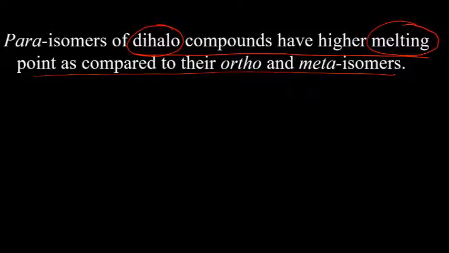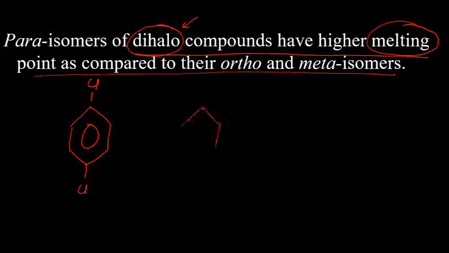Para means the two halogens are connected at para positions with respect to each other. This is para dihalo compound. This one is ortho dihalo compound. This one is meta dihalo compound.